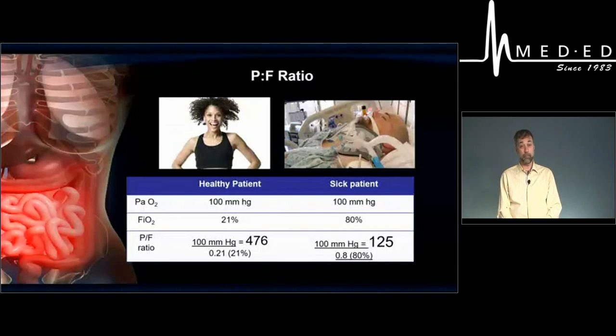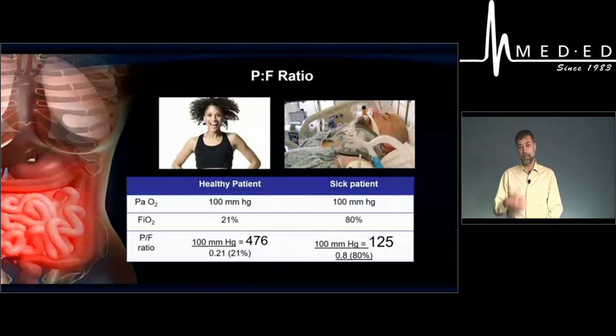So if his alveoli were working, what should his PaO2 be? It should be 4 times higher, right? Because he's getting 4 times more oxygen. So I would expect a PaO2 of around 400 on him. But his PaO2 is only 100, which tells me what? That only a quarter of his alveoli are allowing oxygen across. 75% of his alveoli are no longer functioning.